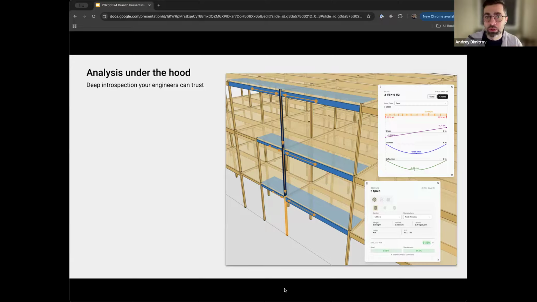So it is very important for us to have that connection, whether you care about the details of analysis or you don't. Knowing that you can trust the platform is extremely important, and we want to create all the tooling so that engineers can also see what is happening under the hood.